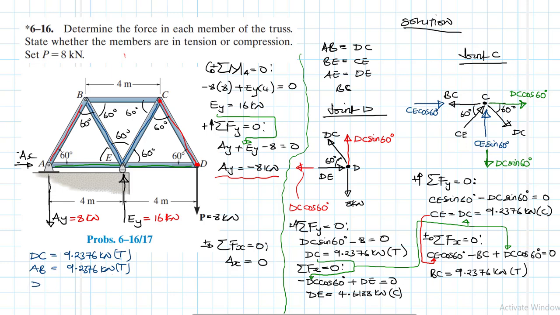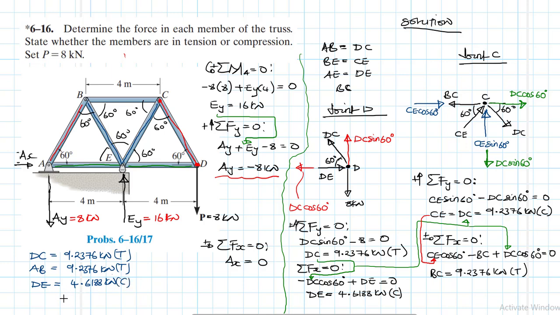We also found DE, and our DE was equal to 4.6188 kilonewtons, and is in compression.